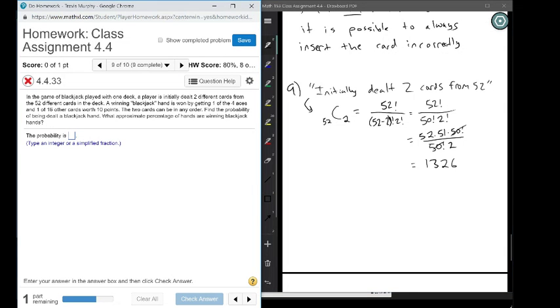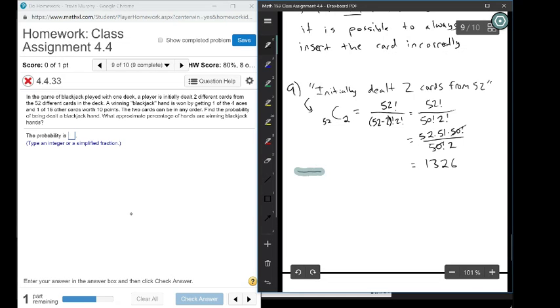A winning blackjack hand is won by getting one of 4 aces, or one of 16 other cards worth 10.